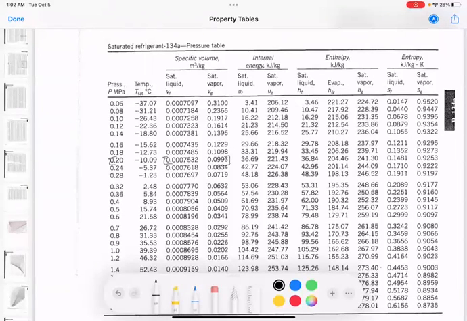Thing is, we don't actually know the quality of this mixture. So to know the internal energy, we have to know the quality. But we can find the quality because we know the limits of our VF and our VG, and we know our own specific volume.